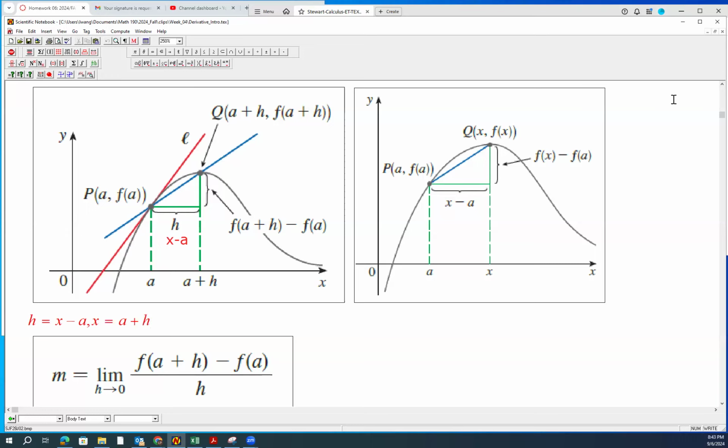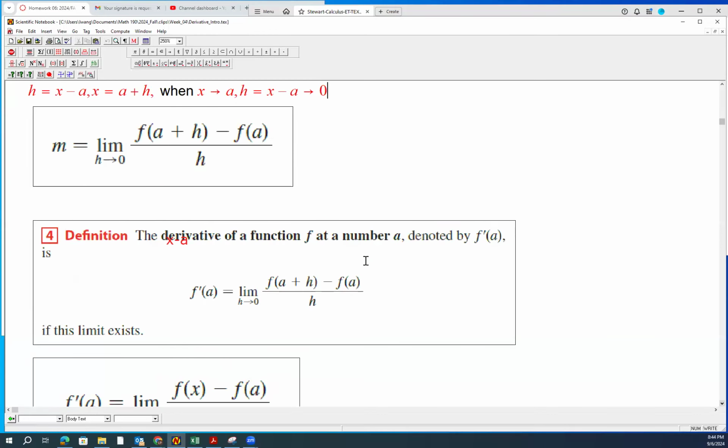That's how f(x) minus f(a) becomes f(a plus h) minus f(a). When x approaches a, h, as the difference between x and a, certainly approaches 0. So we get the alternative definition of the slope.